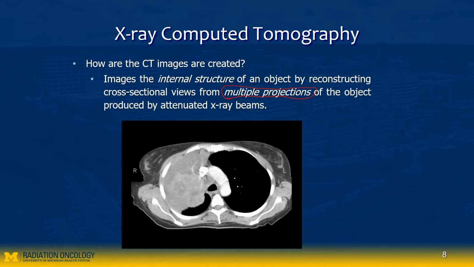It is multiple projections from all different angles around. So at different projections, and another projection, and then another projection, and so forth. Each projection has some attenuated X-ray image profile, and then the computer will reconstruct the image.